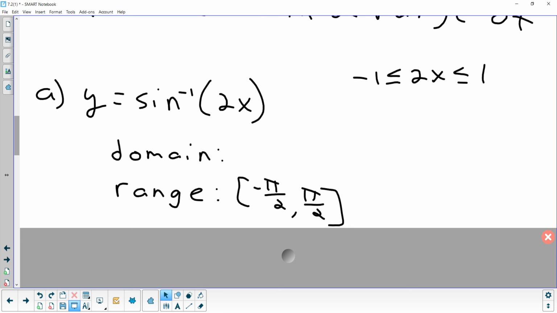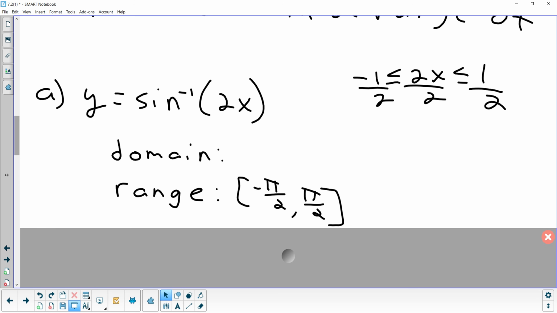The 2. The 2x. Well, what do you want in the middle when you solve it? Just x. So how would you get just x in the middle? You divide it. What would you divide by? 2 on each side. Yeah, and in fact, not just each side, but the middle too.